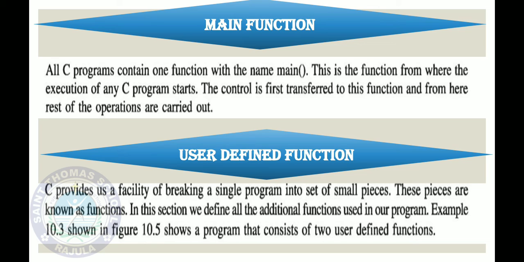Then the user defined function. C provides us a facility of breaking a single program into a set of small pieces. These pieces are known as functions. As I told you, if the program is very big, suppose you want to create a program to perform addition, subtraction, multiplication, division, square root, then you can make different functions: one function for addition, one for division, one for multiplication.